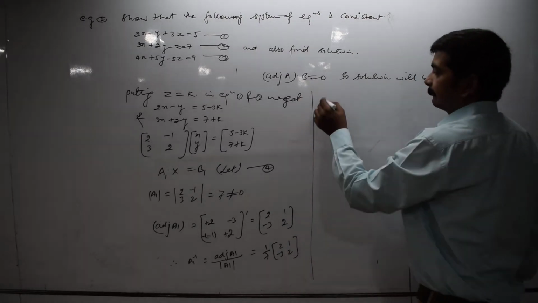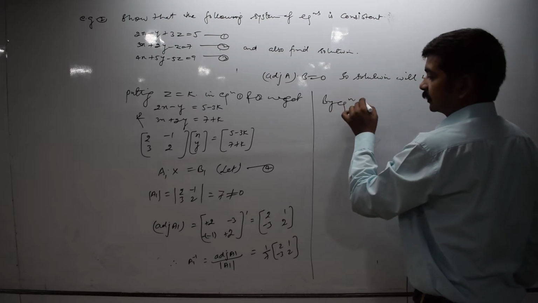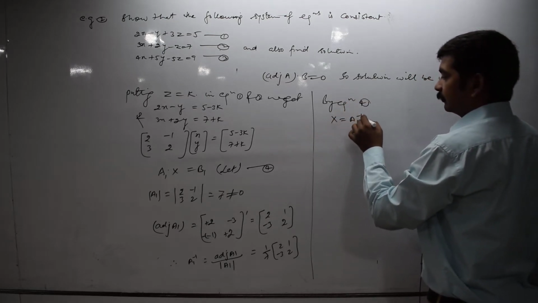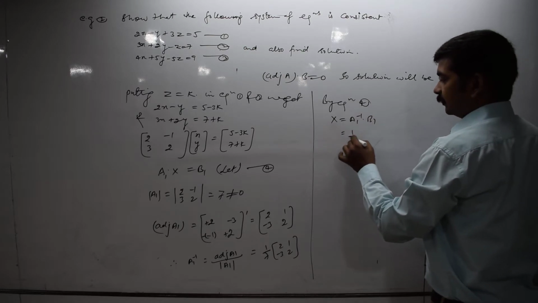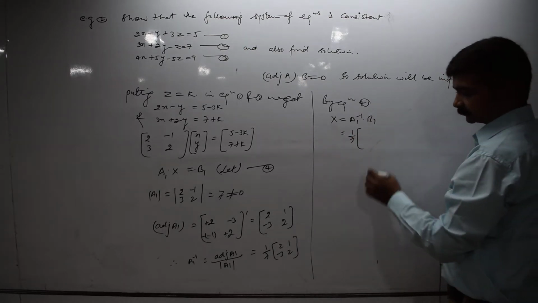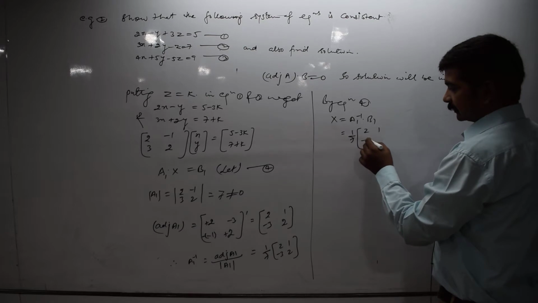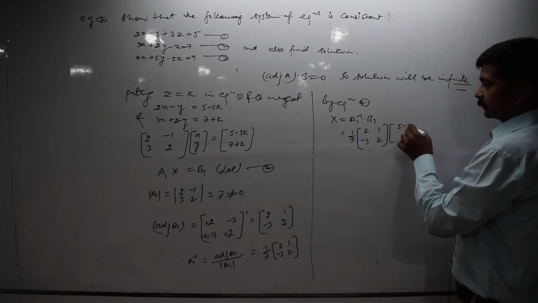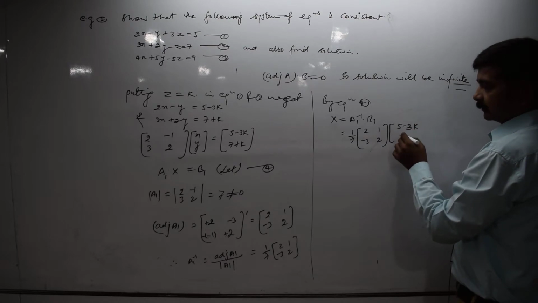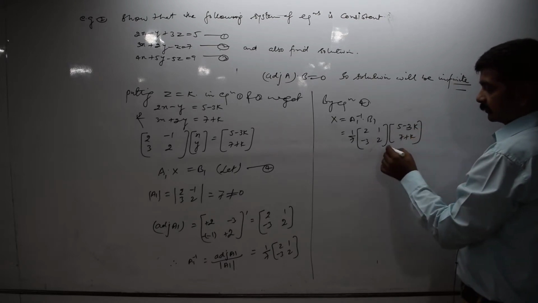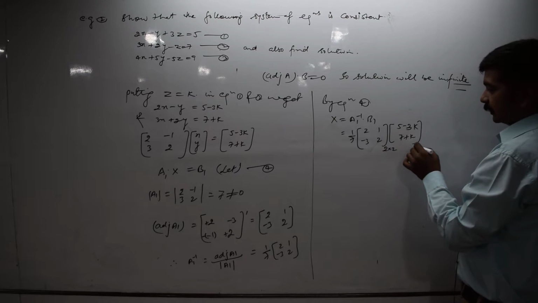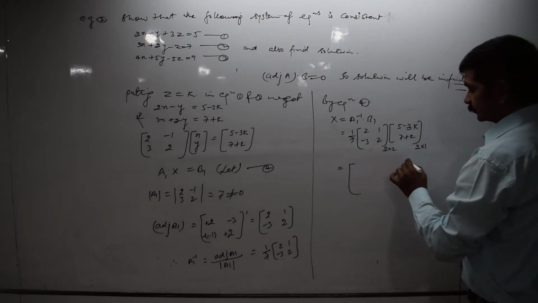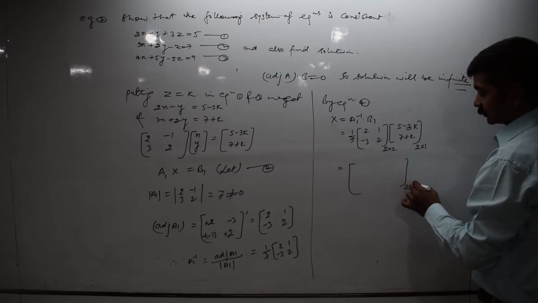By equation 4 we know that X will be A1 inverse B1. So here will be 1 by 7 times 2, 1, minus 3, 2, and next 5 minus 3k and 7 plus k. This is of order 2 cross 2 and this is of order 2 cross 1, so the answer will also be 2 cross 1.